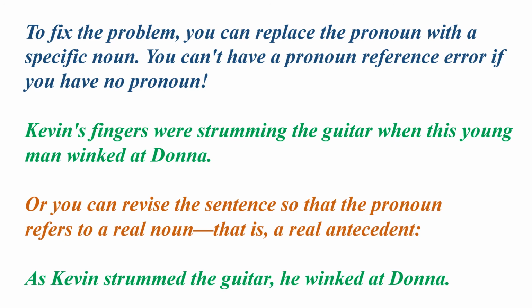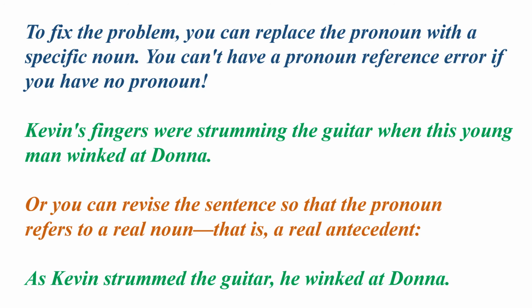So this slide says you can replace the pronoun with a specific noun. For example, Kevin's fingers were strumming the guitar when this young man winked at Donna. Here we find this young man, and it makes the sense clear to us.